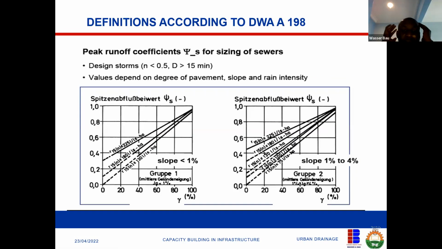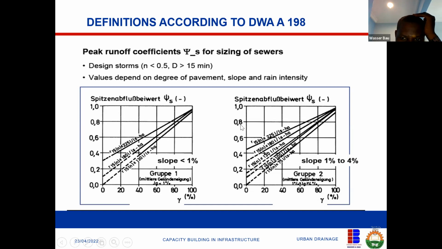Now, what this is also meant to show you is that the more slopey a place is, the higher the runoff coefficient. Like in this chart, if the slope is less than 1%, you can see that for a rain intensity of 0.8, there is about 80% degree of paving.